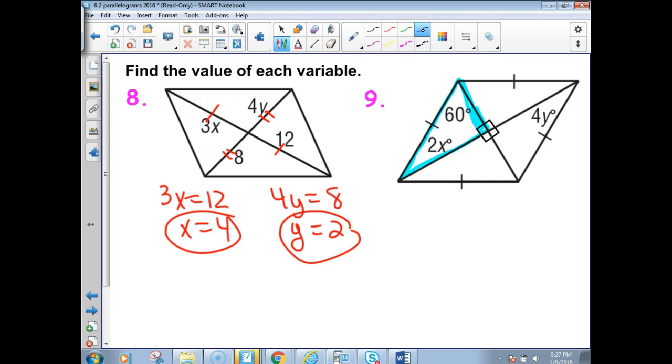These triangles are isosceles. If that's 60, now this would be 60. That triangle adds up to 180. So 2x plus 60 plus 90 equals 180. So actually, you're going to find out that x is equal to 30.